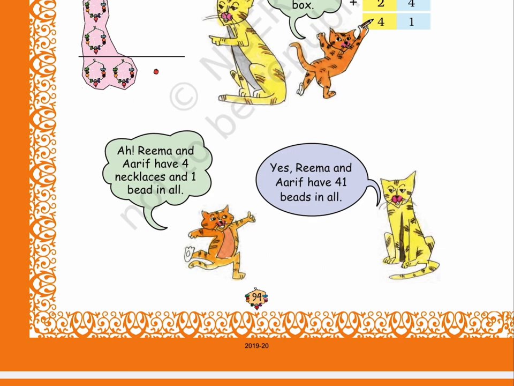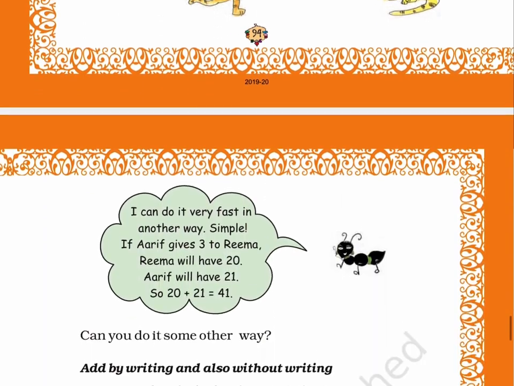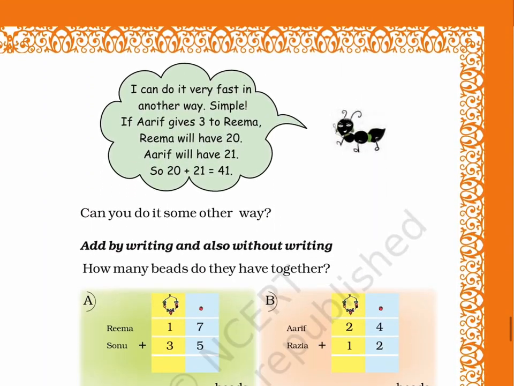Page 95. This page is divided into 3 parts and each part has a picture. The questions on this page are also related to beads. Let's begin reading this page. Part 1 picture has a small black ant who is saying, I can do it very fast in another way.